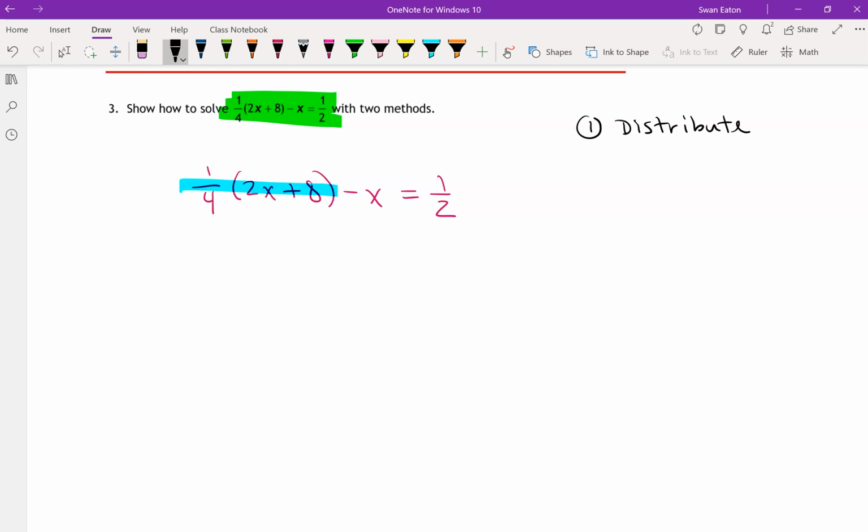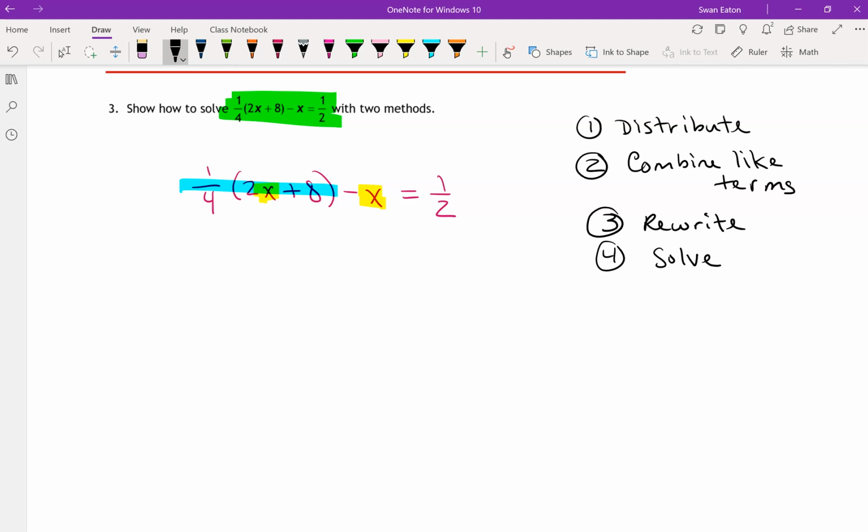And then it looks like I may have some like terms here. So my second step would be to combine like terms. And then after that, I'll have to rewrite, as always. And then the fourth would be to solve.